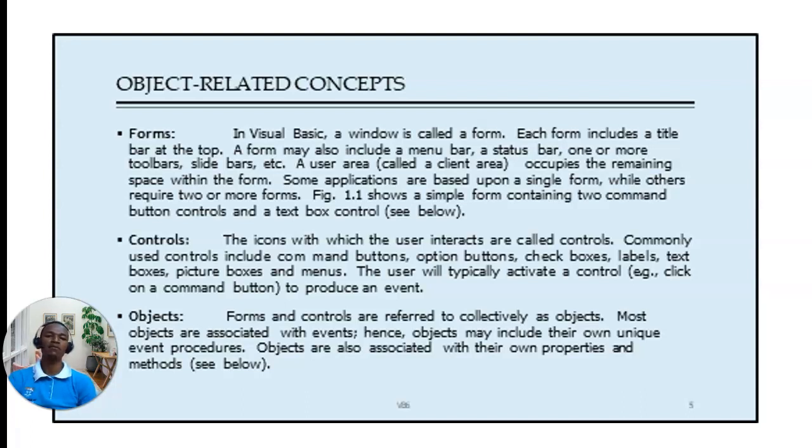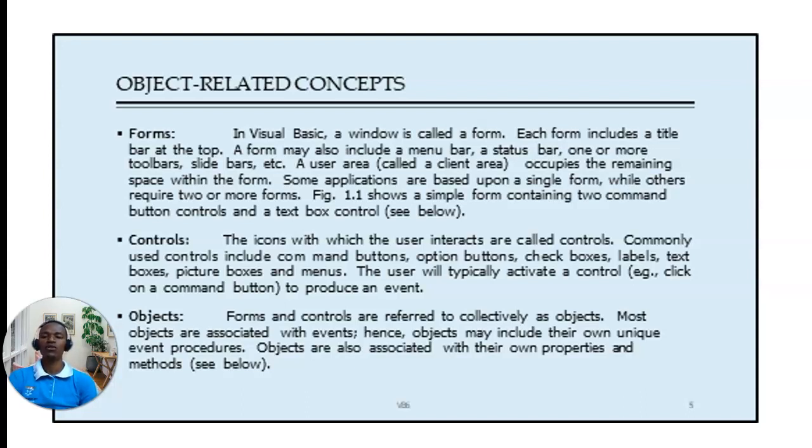Number three, it has a menu bar and many more. The user area, which is also called the client area, occupies the remaining space within the form. You understand that some applications are based upon one single form while others have two or many forms. We shall have a look at that later.